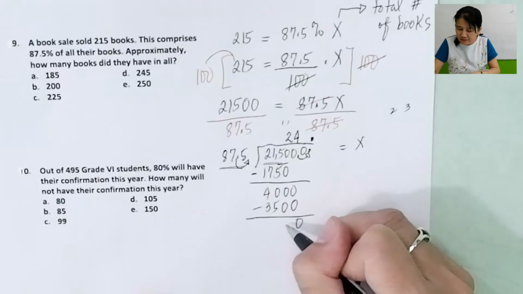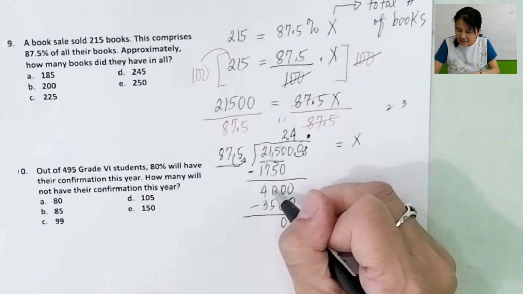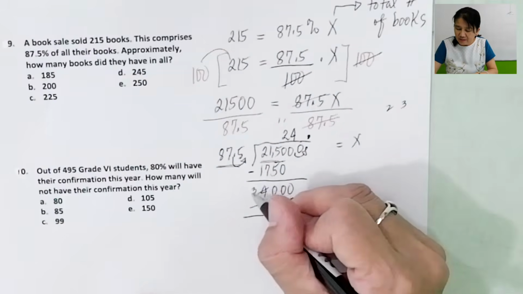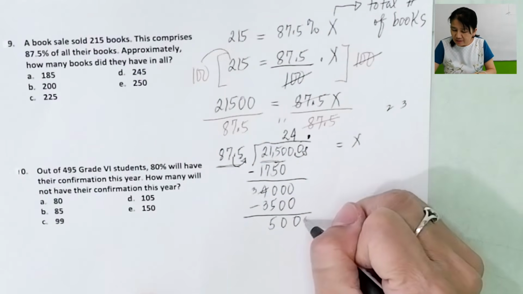There. Subtract: 0, 0. 10 minus 5 is 5. Bring down 0 again.